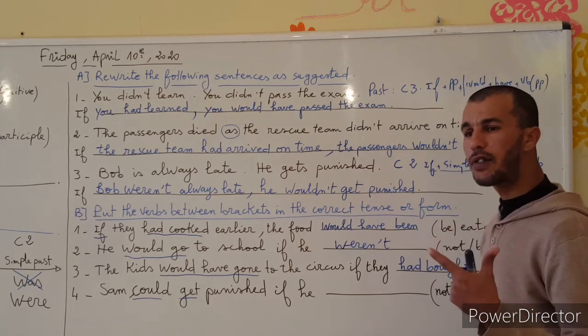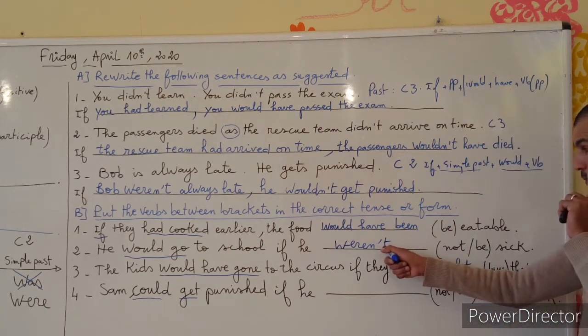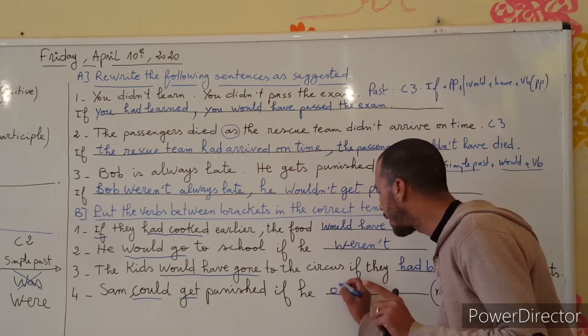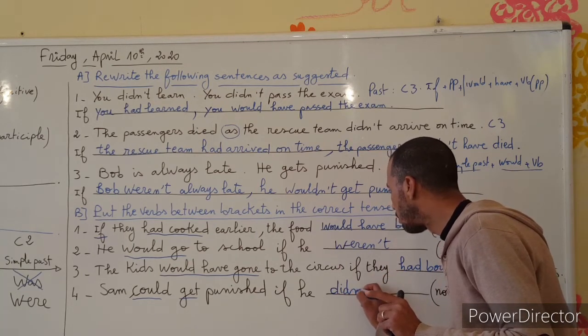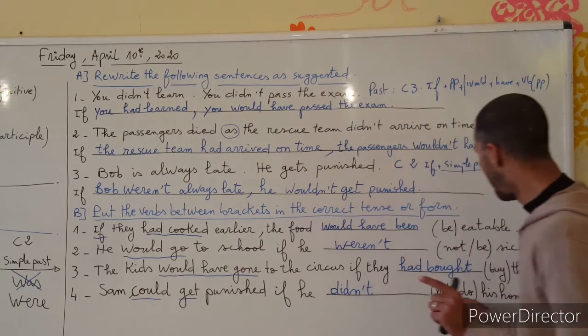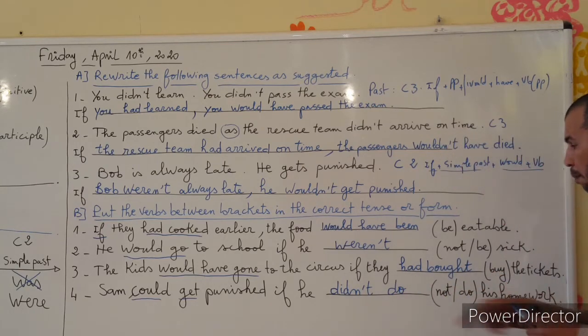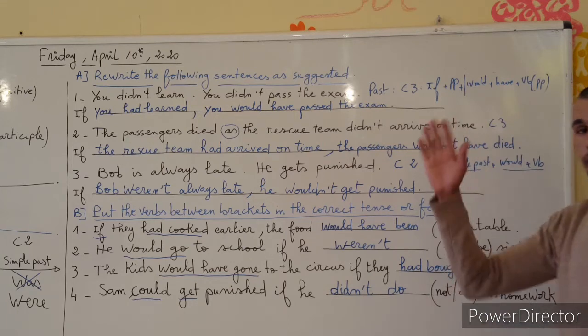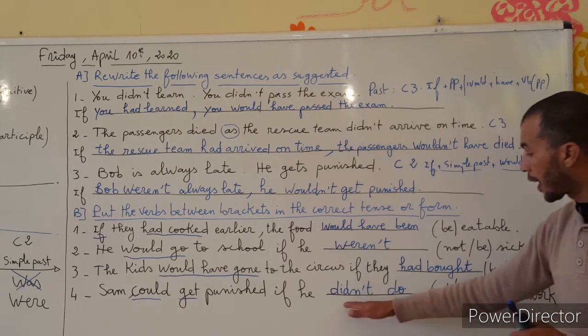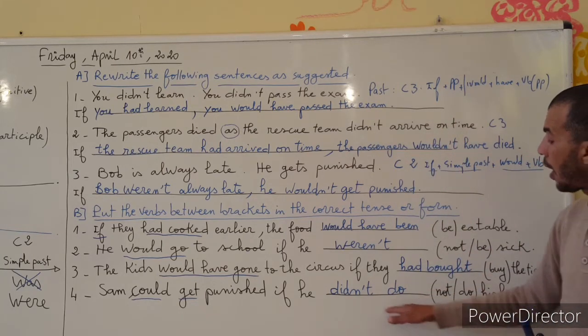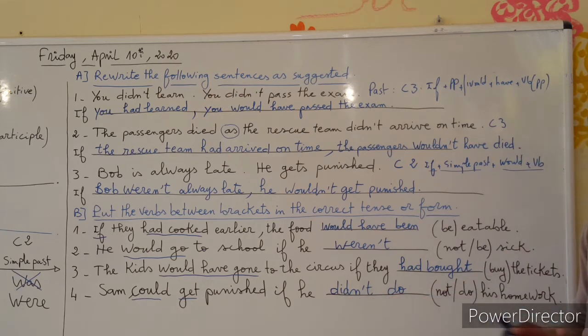The negative form of simple past, except the verb be, is always didn't plus verb infinitive. Didn't do. I repeat this again. All verbs in simple past negative form in English are written this way. The verb do, didn't do.